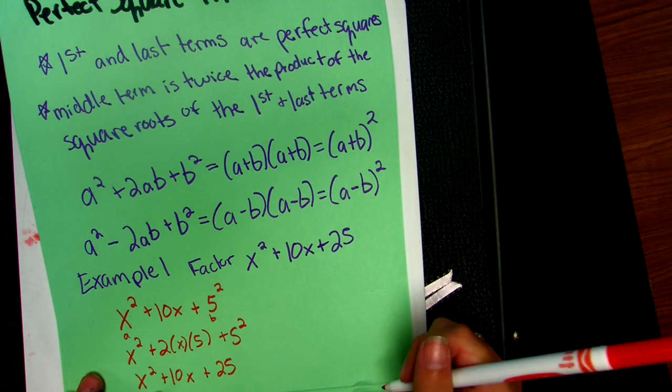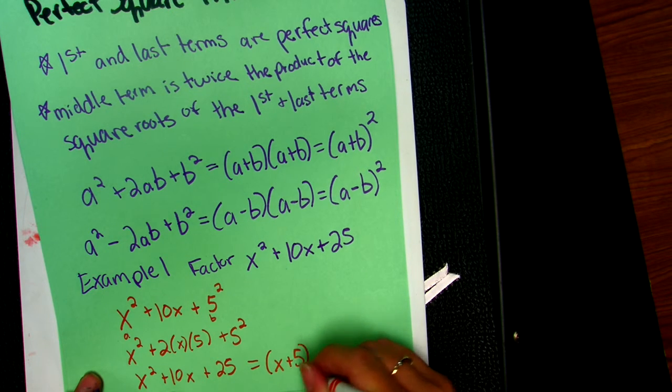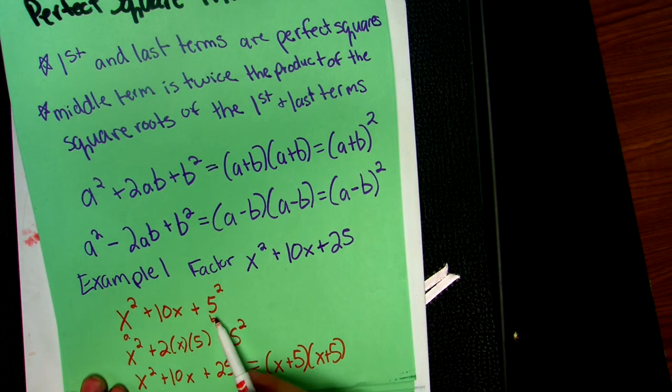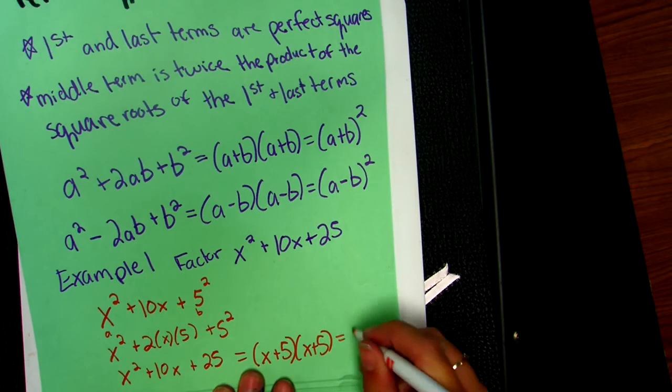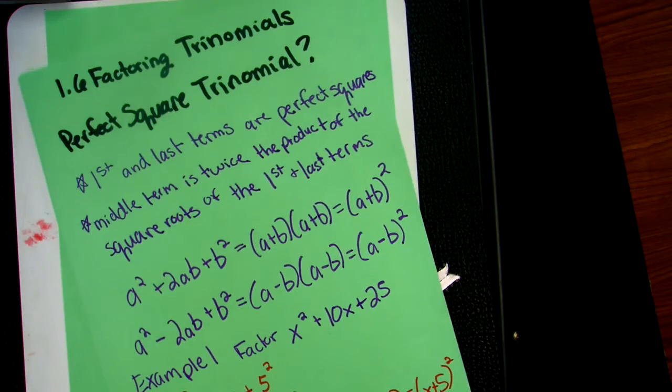Which means that it is a perfect square, which means that we can rewrite it using this formula. So that becomes x plus 5 times x plus 5, because remember, you use your a and your b, which is the same as saying x plus 5 squared.